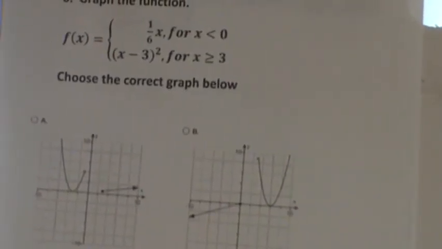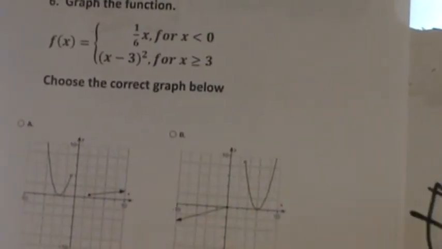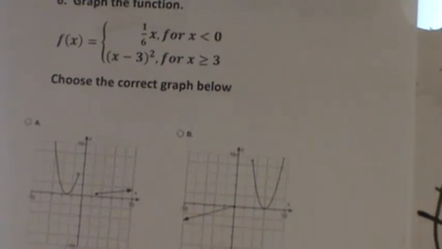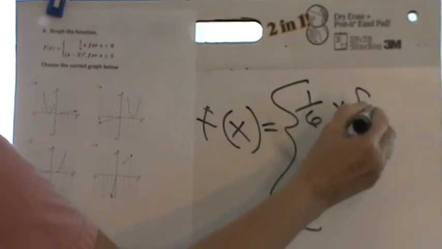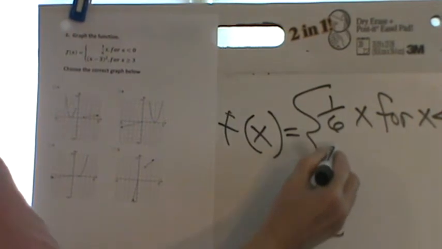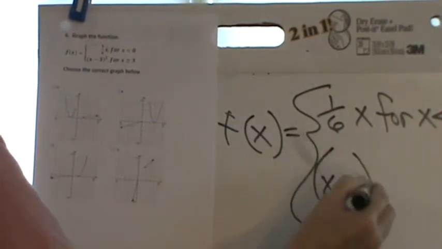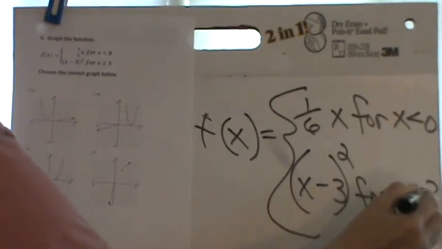Now this is exactly what you guys have got to do if you want to make this easy on yourself. f of x is equal to 1/6 of an x for the x's that are less than 0, but it's x minus 3 squared for the x's greater than or equal to 3.